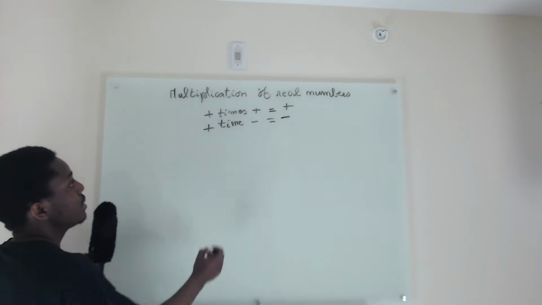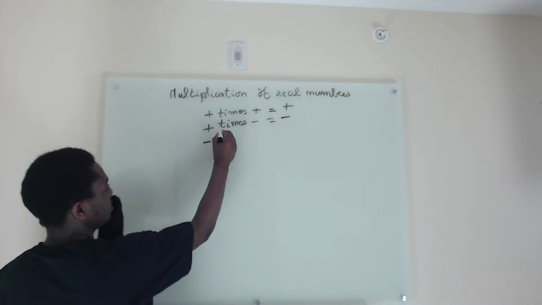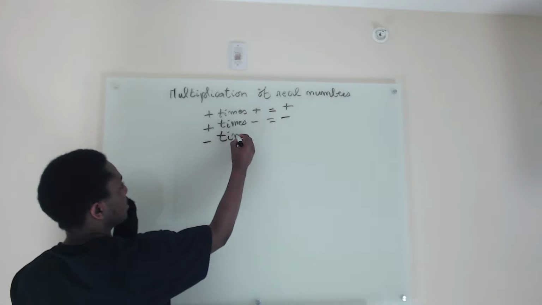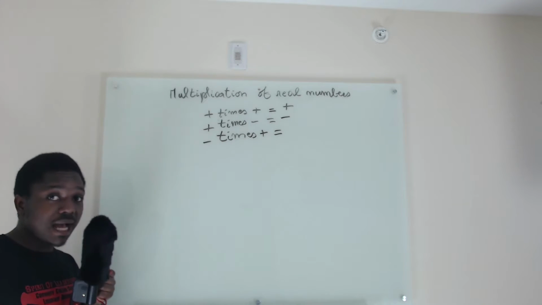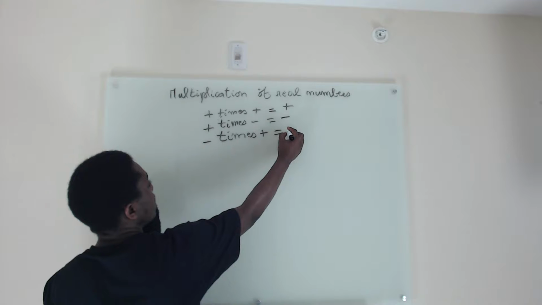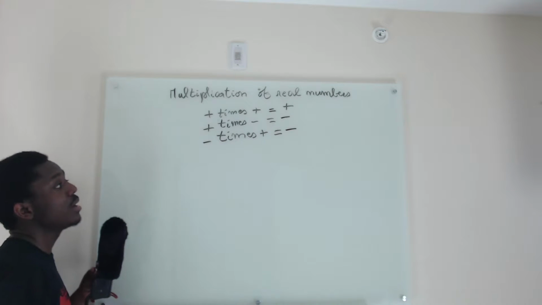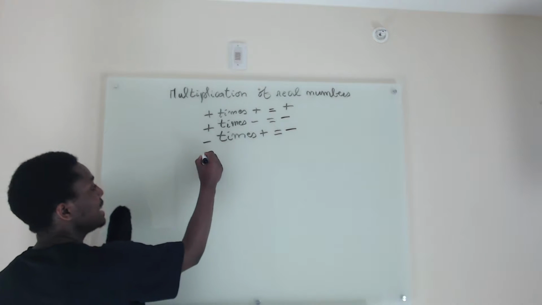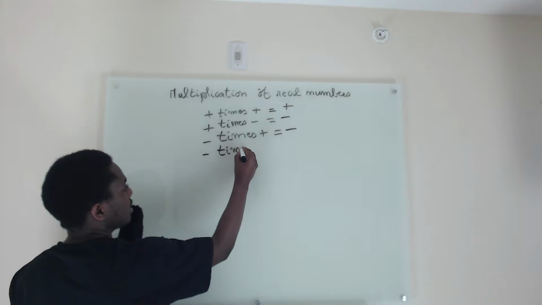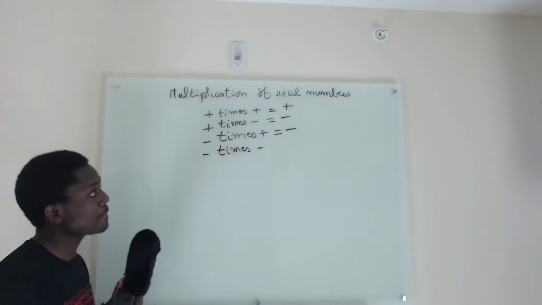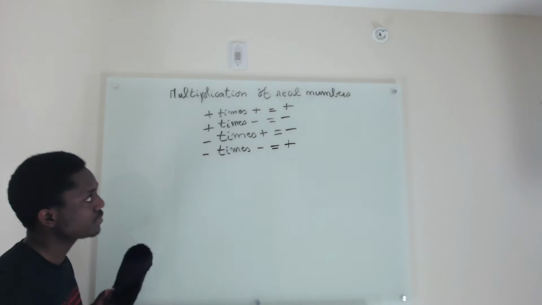Okay? And when you have a negative times a positive, the answer is always going to be a negative. But when you have a negative times another negative, then the answer is going to be positive.